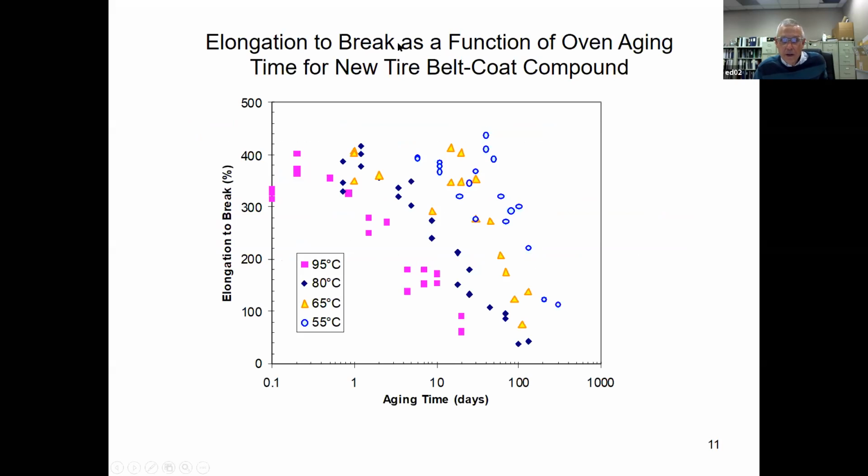Here's our elongation to break as a function of time in days. Here's 55, 65, 80, 95. So here's the 95 degree elongation to break as a function of aging time, and here's our 80 degree data, and then here's our 65 degree data, and then here's our 55 degree data.